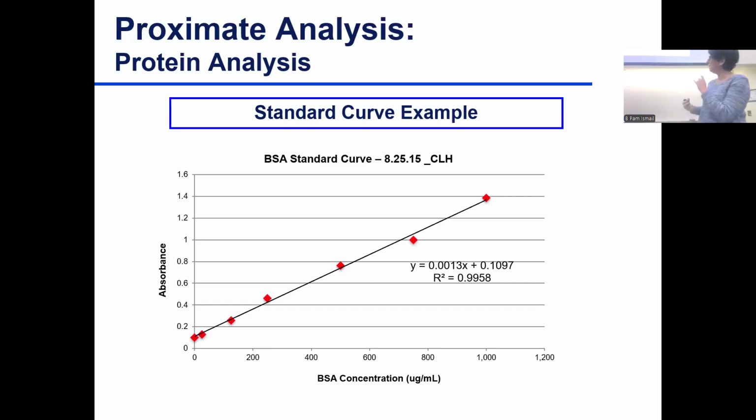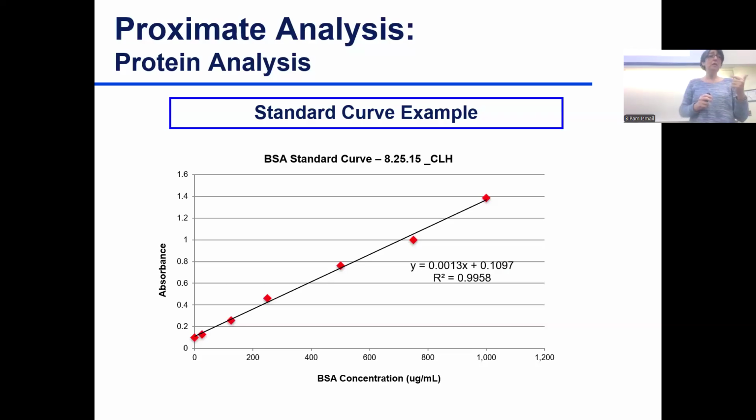So what you do is you prepare your standard at different concentrations, measure absorption, and construct a standard curve. We need to make sure that our standard curve is within a linear range, so we tend to dilute our protein solutions to fit that linear range that would work well for BSA.